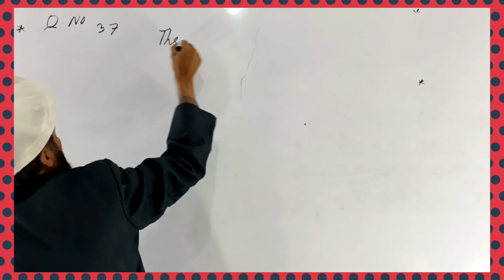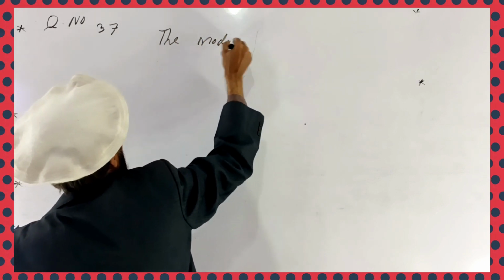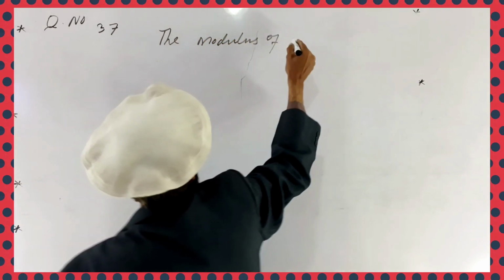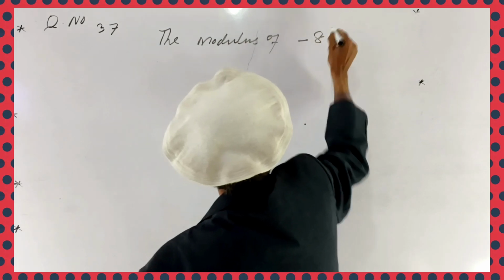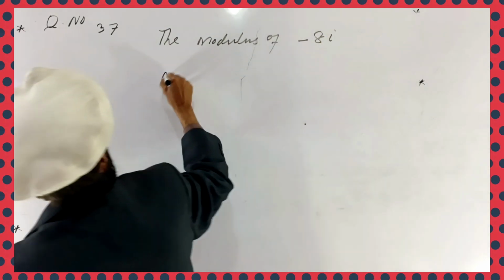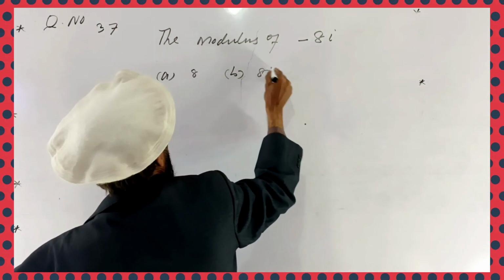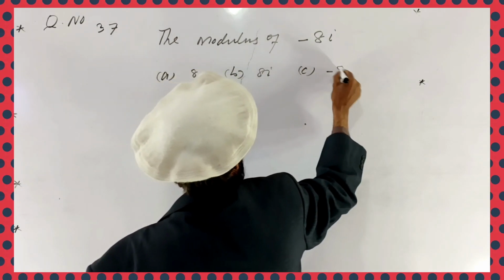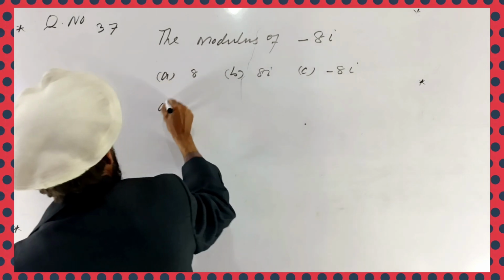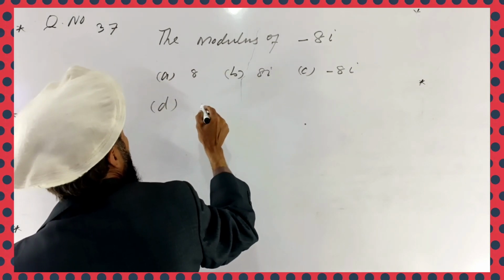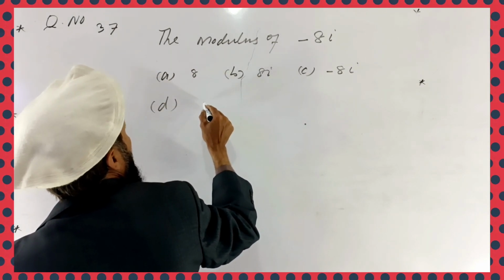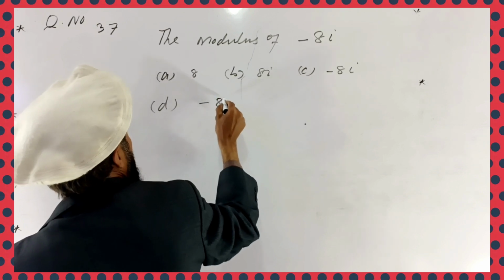The modulus of minus 8 iota. So the options are 8 iota, C minus 8 iota, B minus 8.